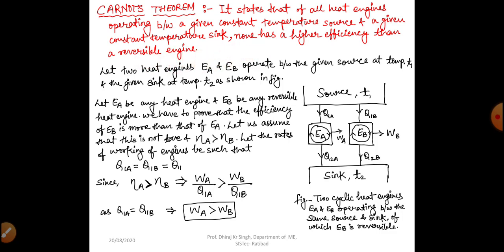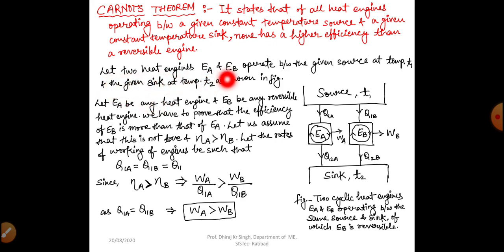That means Carnot told us that if we have a given constant temperature source and constant temperature sink, then the efficiency of that particular reversible engine will be the highest one. No other engine has a higher efficiency than that reversible engine. So we will see how this is possible and what the statements of Carnot are. Let us see what he has told us and how we are going to prove it.